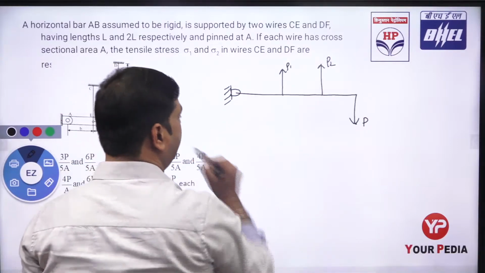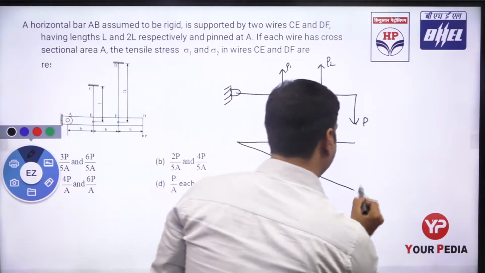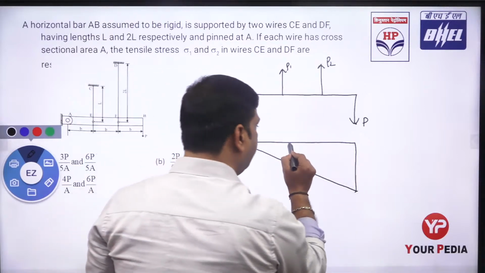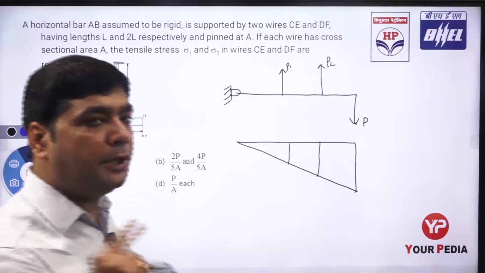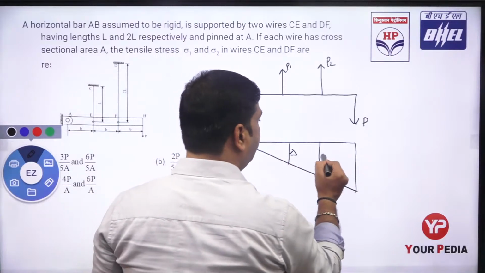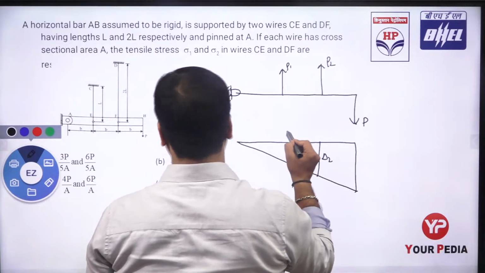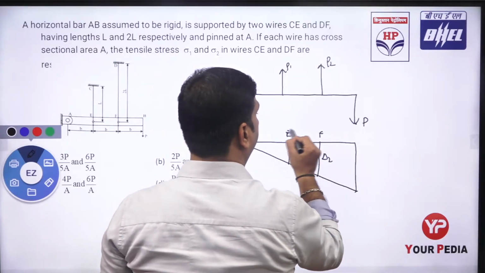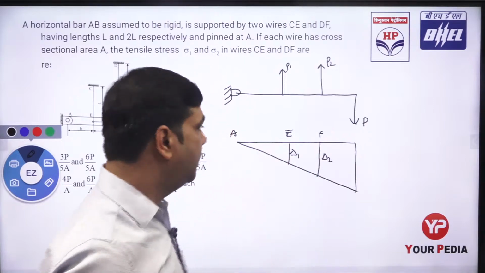Same thing I can say: P1 and P2 cause the deflections delta 1 and delta 2. If P1 and P2 are not acting on the member, delta 1 and delta 2 occur at those points. So this is point E and F, and this is point A. You can see this, right?